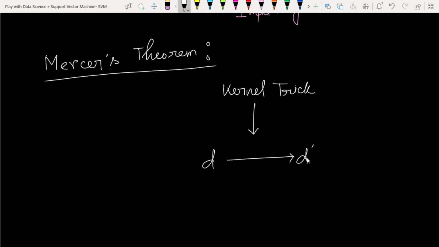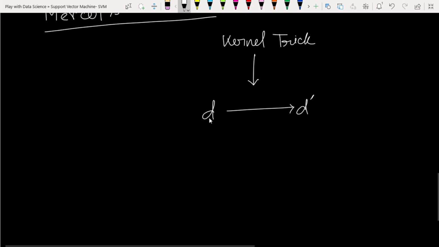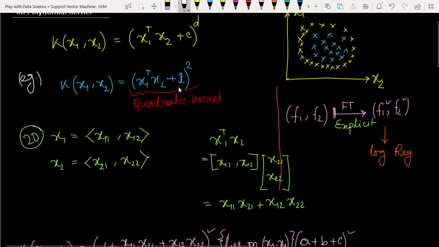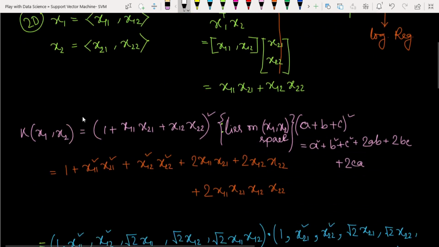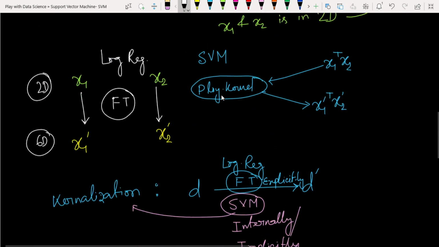And typically our dimension d dash will always be greater than the dimension d. In this example, x1 x2 lie in 2d, but after transformation we see that x1 dash and x2 dash lie in 6d.